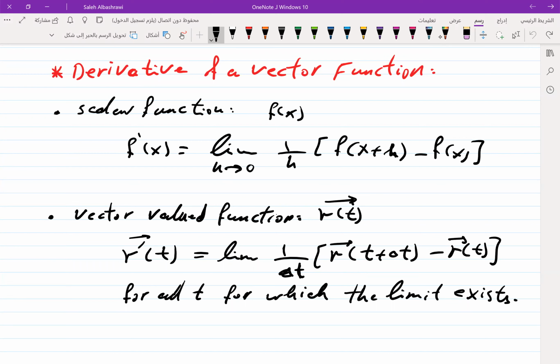So this is the definition for the vector valued function, similar to the definition of the scalar function.